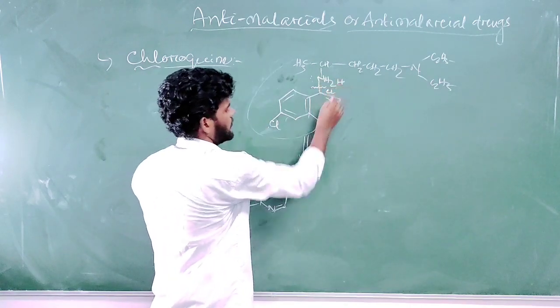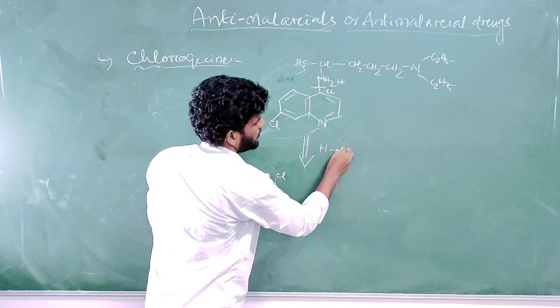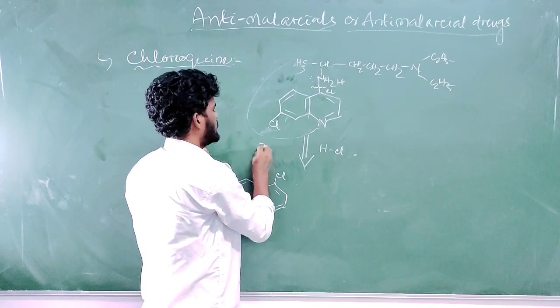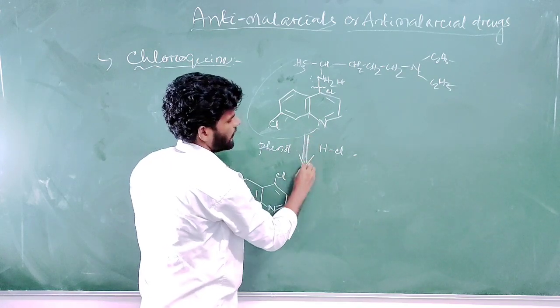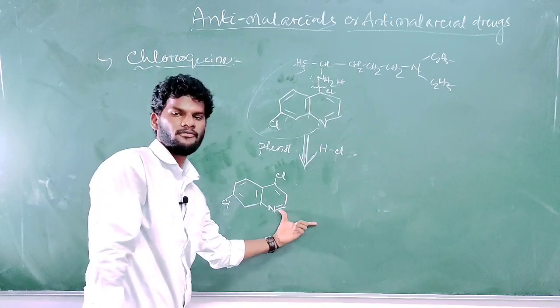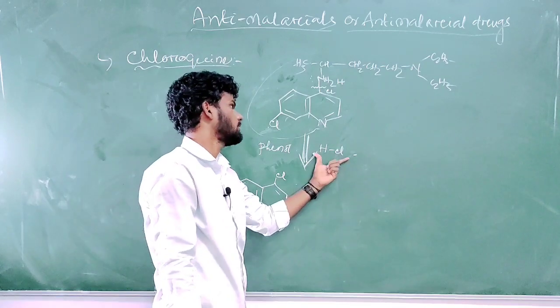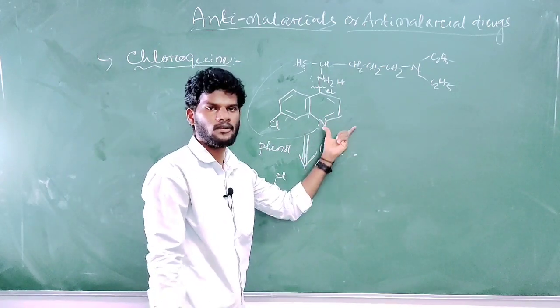The addition is HCl, and you can take any solvent such as phenol. This is the disconnection approach symbol, the backward direction: from which two individual molecules, by the addition of HCl, can we produce our desired chloroquine.